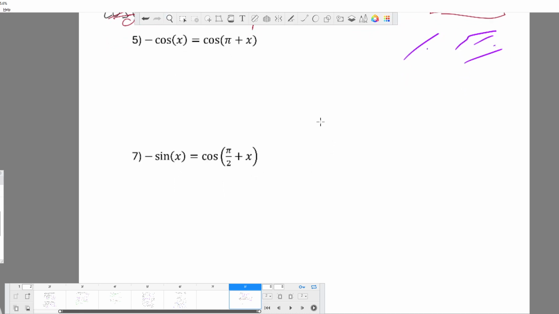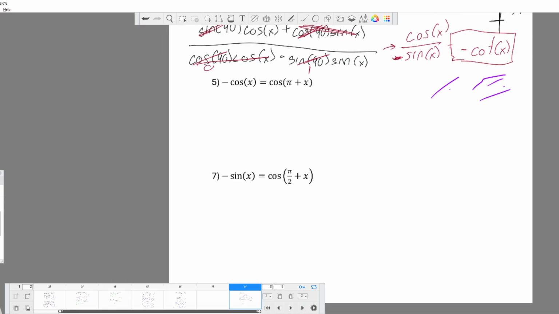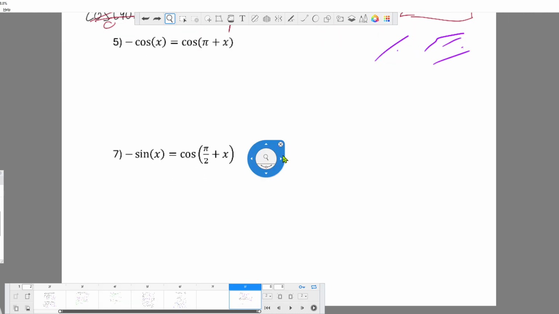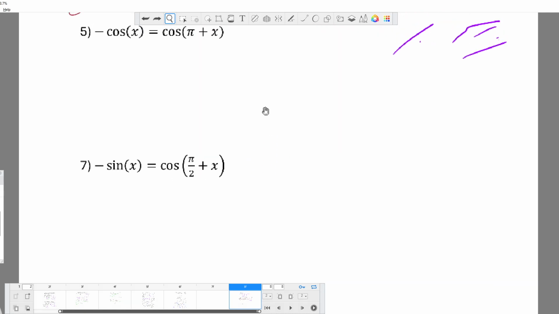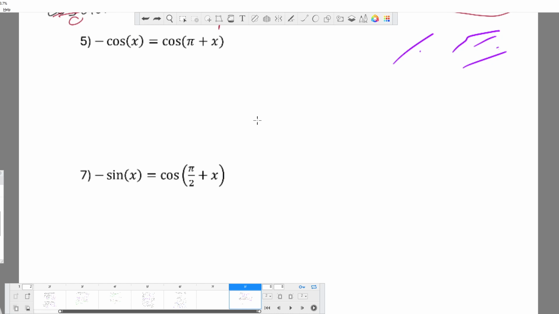So it's radians now. So whoop, I really need my glove. So cosine is cosine pi, cosine x, opposite sign.